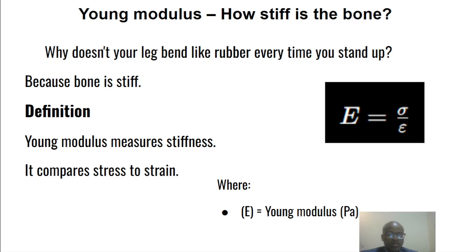So that is what is called the Young modulus. Now let's look further at what Young modulus actually means. When we have a material that has a high Young modulus, that material is very stiff.